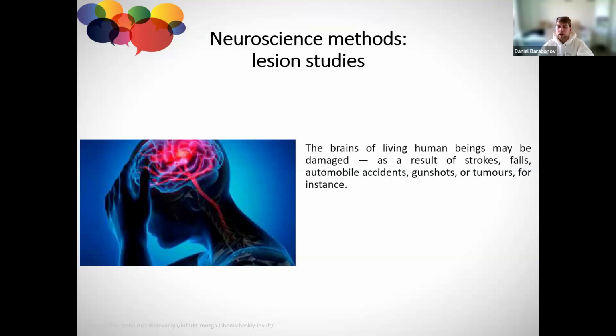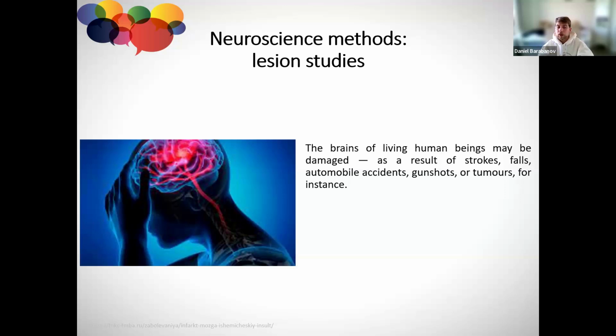So the problem is that a lot of people, due to different circumstances, might get unfortunate brain injuries. The brain can be damaged due to violent crime, automobile accidents, or tumors, or strokes, or other types of disorders. And when the brain is damaged, it influences the whole mental abilities of a person.